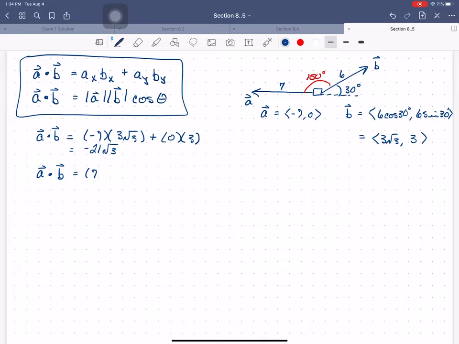So the magnitude of vector A times the magnitude of vector B times the cosine of the angle in between those two vectors, which is 42 times negative square root 3 over 2, which again leads us to negative 21 square root 3. In either case, we have found the dot product and gotten the same answer using both methods, and that is what we should do.